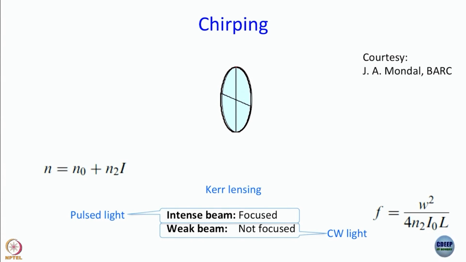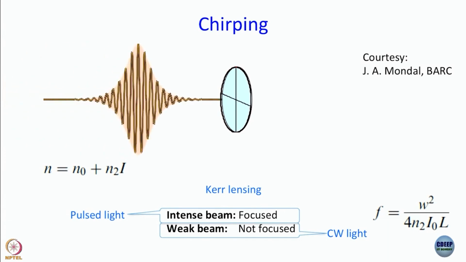So, the thing is this, in Kerr lensing, you have this pulse light incident on it. I hope it is not very difficult to recognize this as a pulse. I am drawing the electric field, not the intensity. Then it induces Kerr lensing. Okay. So, effectively, even though it is just a slab, as far as the light is concerned, the slab behaves like a convex mirror like this.